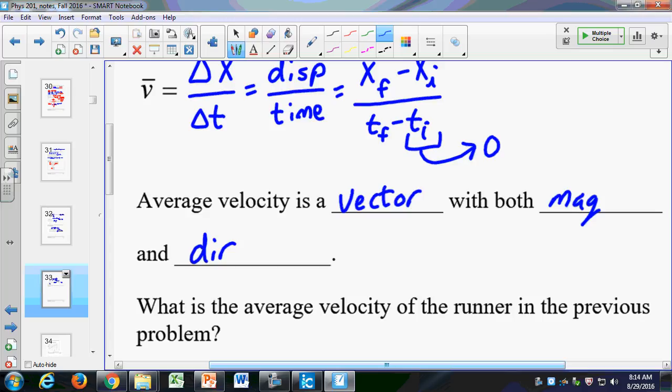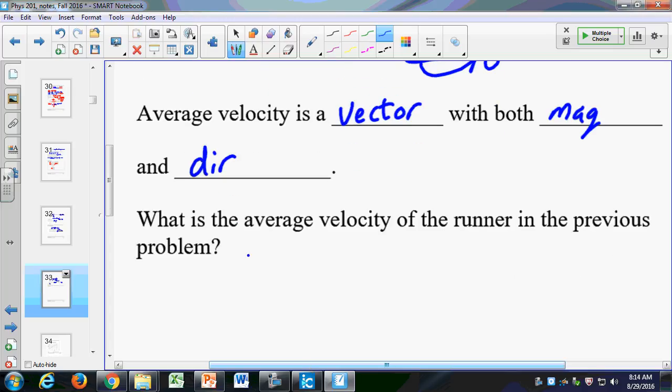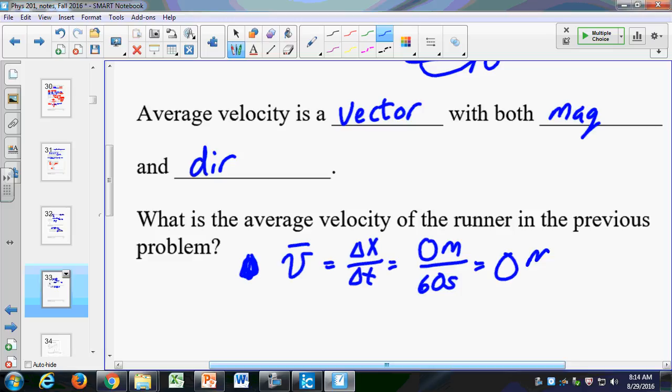Because his final and initial positions are the same, and so that will be 0. The average velocity is going to be 0. It should be 0 meters divided by 60 seconds, which is 0 meters per second.